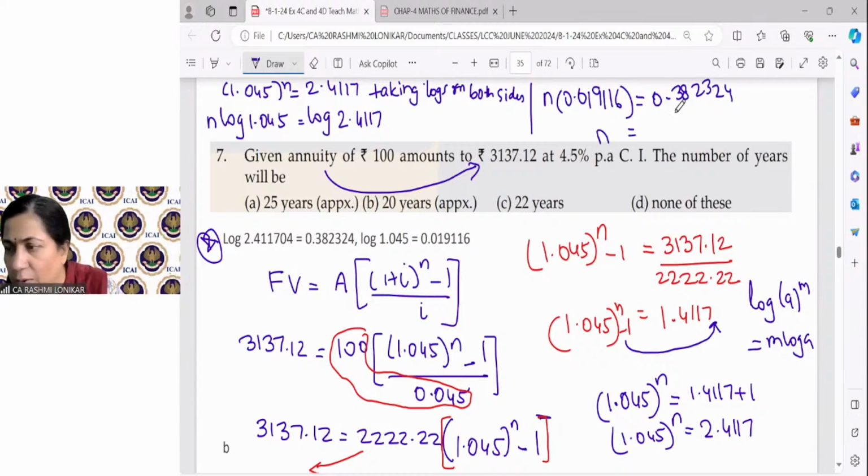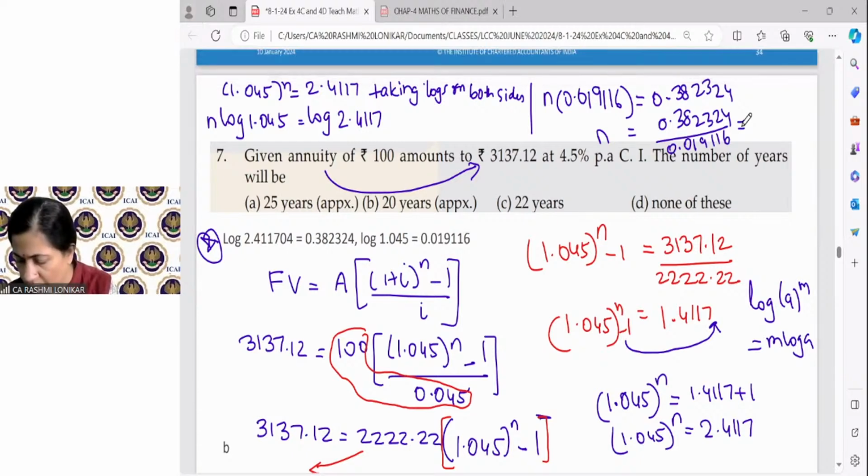So what is n? n is 0.382324 upon 0.019116. Let us see how much that is. 0.382324 divided by 0.019116 is equal to 20 years. So the answer is B.